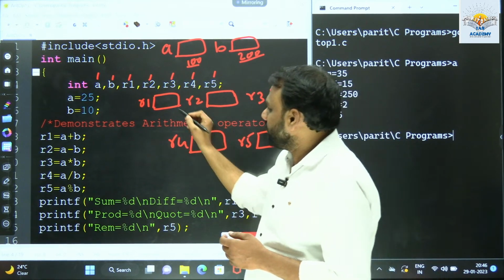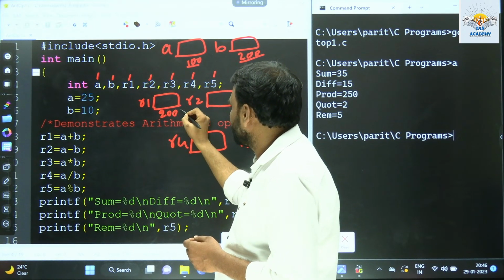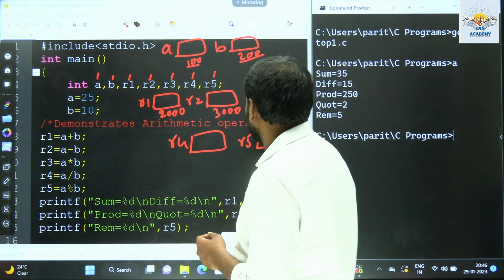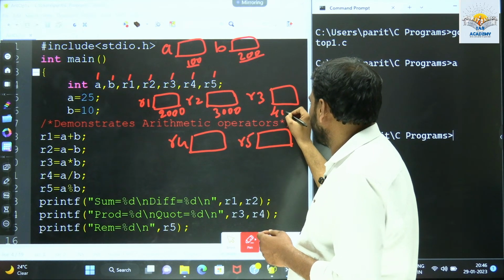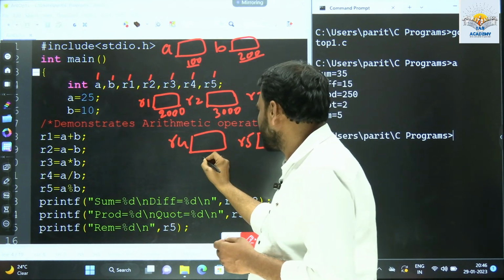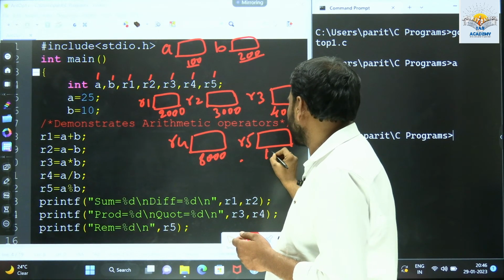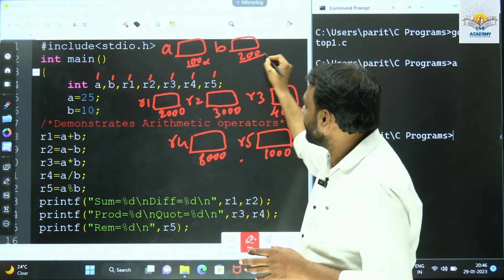Okay. So let us assume address of R1 is 2000. Address of R2 is 3000. Address of R3, let us assume 4000. Next, this is, let us assume 8000. And R5, let us assume its address is 1000. For time being, there is no role of these addresses, so we just ignore it.